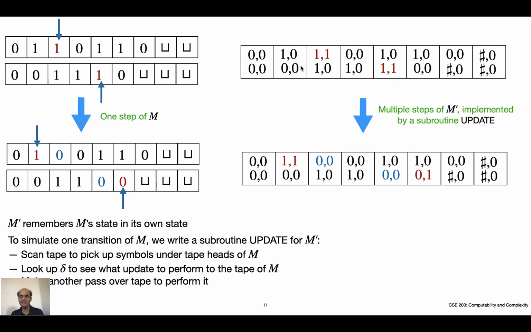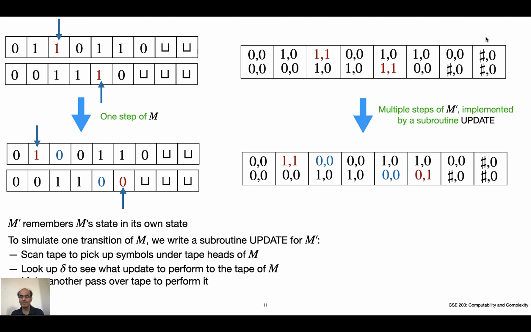It'll make a pass across this whole tape. In that pass, let's assume it begins over here, it will pick up where the heads of this machine are. So it'll find these two red things, and it'll remember what is actually both under the head and where the heads are.